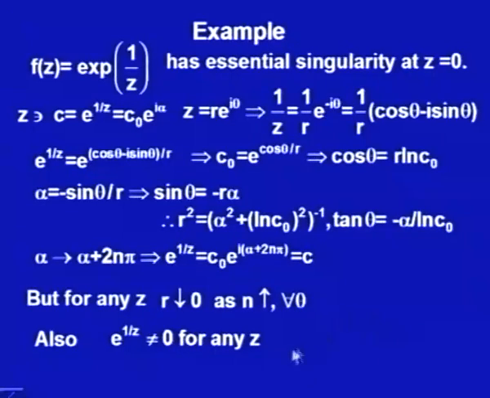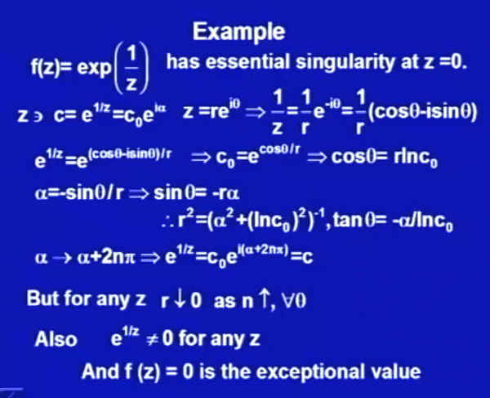Moreover, we do know e to the power 1 by z cannot be 0 for any z. So, in Picard's theorem, the exceptional point, that 0, is the exceptional value, rather it is not the point, it is the exceptional value, because f z that is 0 cannot be taken for any z.